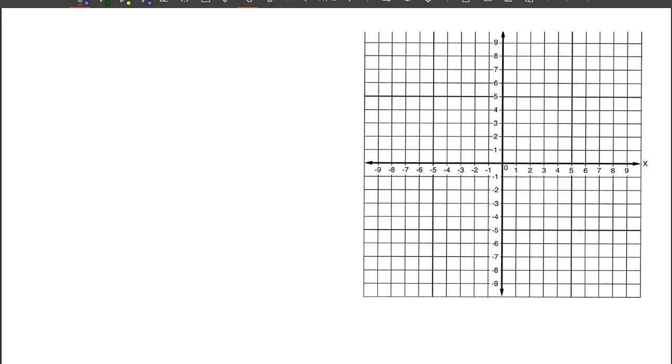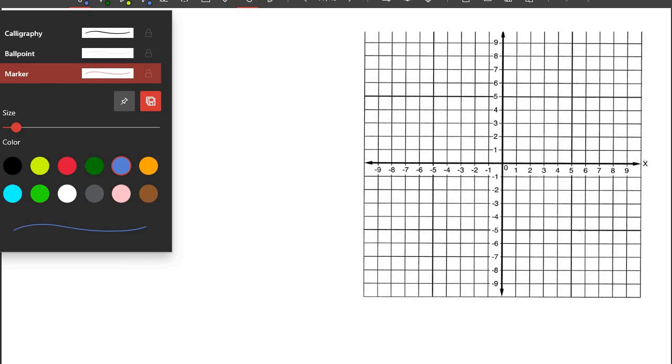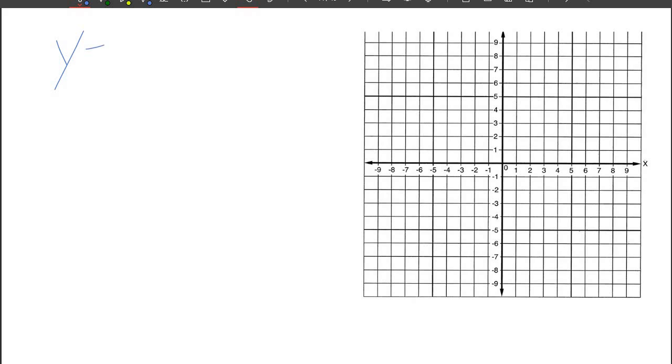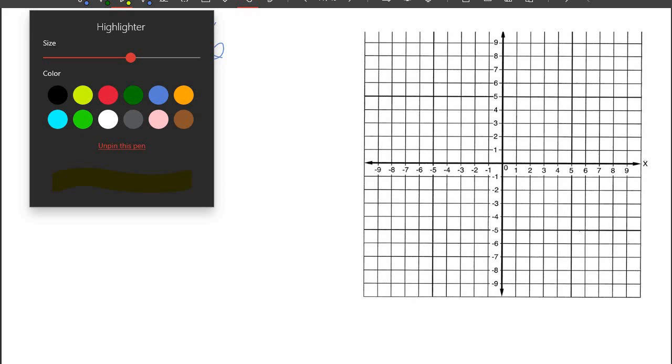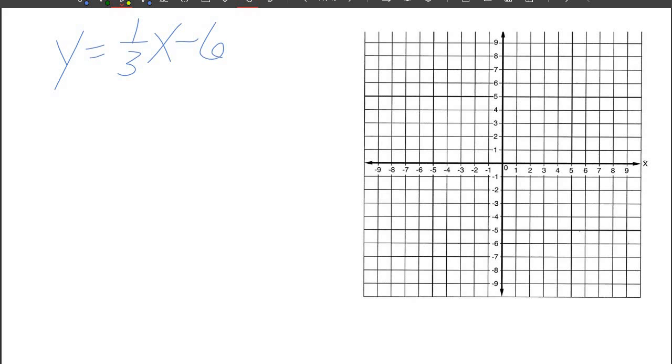Now, let's say I'll just do this. We have y equals 1/3 x minus 6. Alright. What you're going to do, you're going to start with the y-intercept.